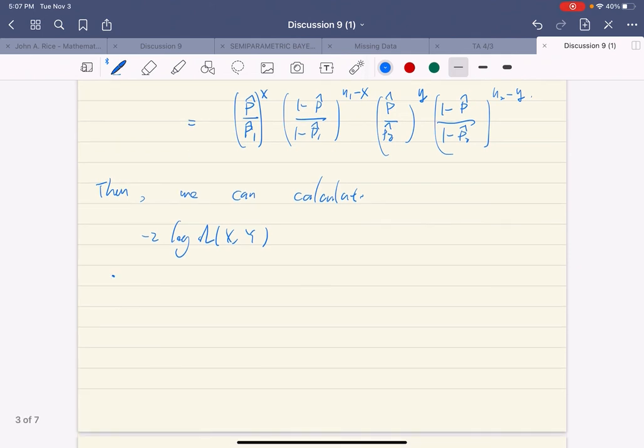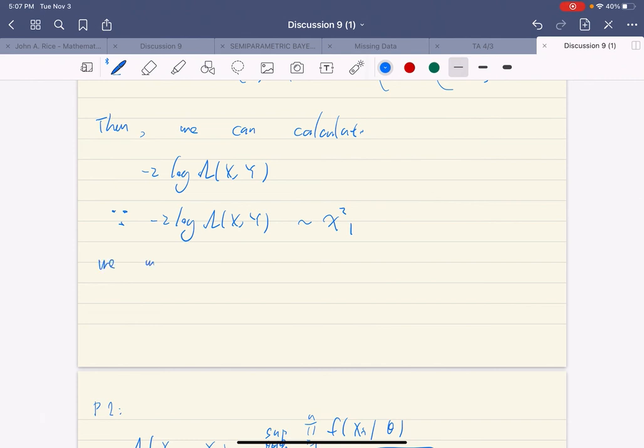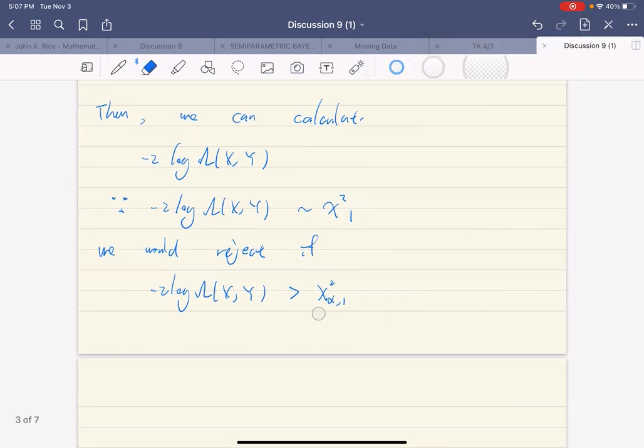And we know that because this now follows chi-square 1, we will reject if this negative 2 log lambda is greater than chi-square alpha 1, which is the 1 minus alpha quantile of the chi-square with 1 degree of freedom.